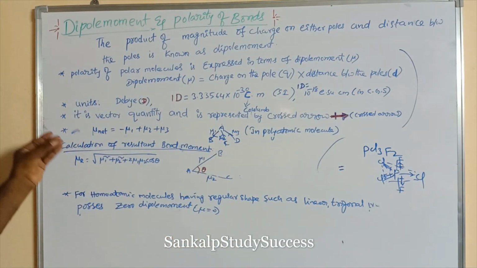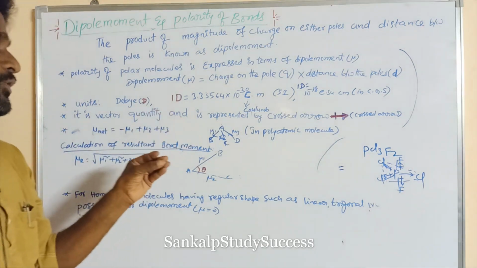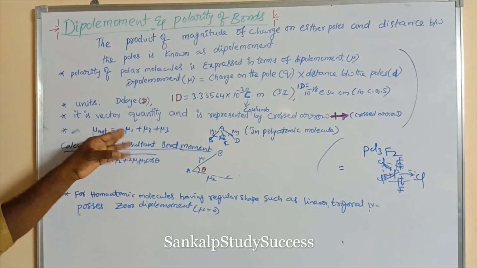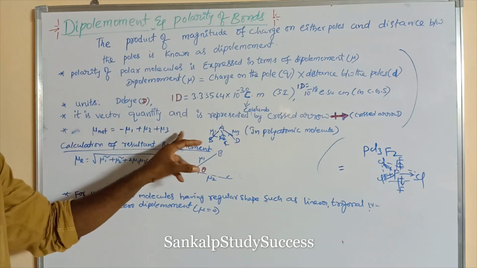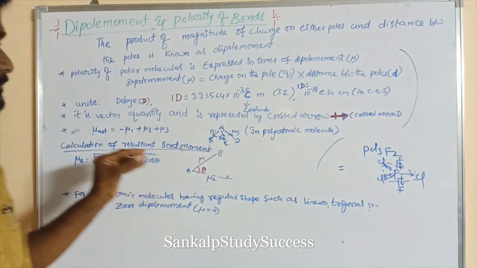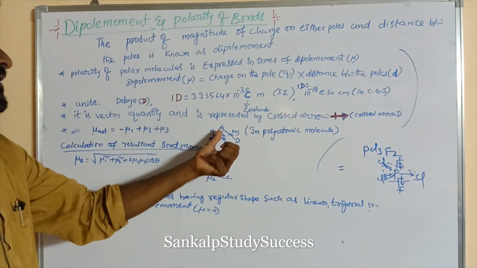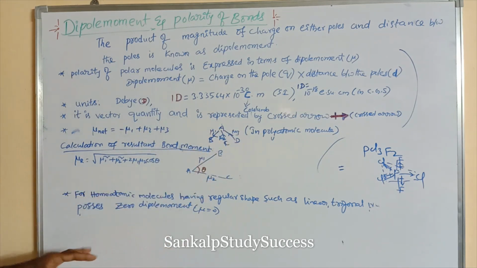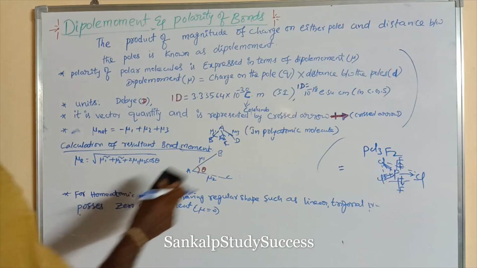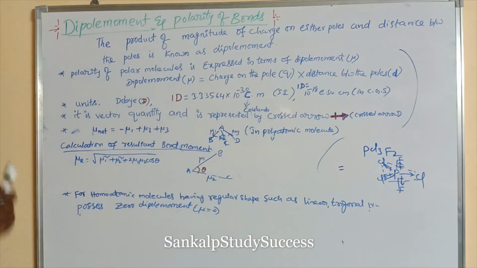So the net dipole moment of a polyatomic molecule is equal to the vector sum of bond moments of all bonds in a molecule, right? So this is the net dipole moment of a polyatomic molecule.